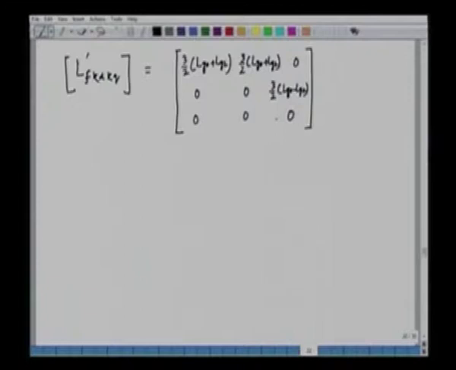So this is the inductance in the dq reference frame between the stator and the rotor.